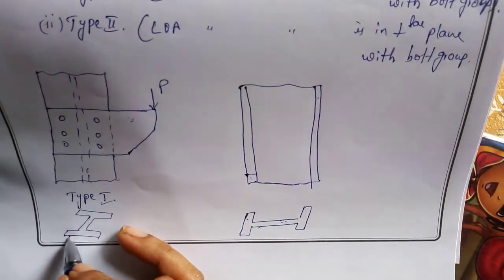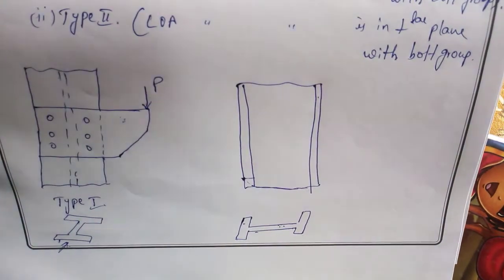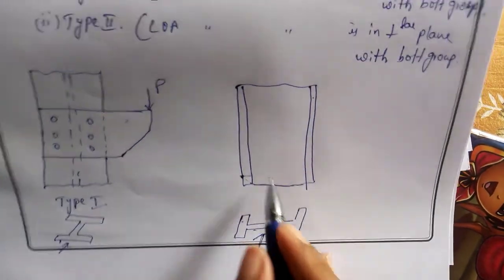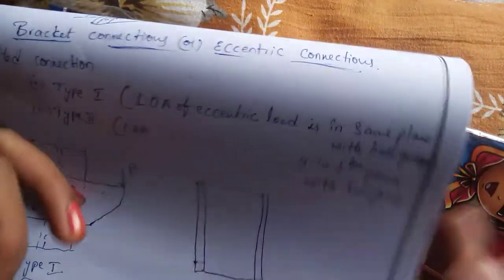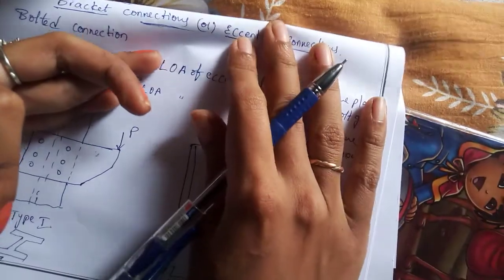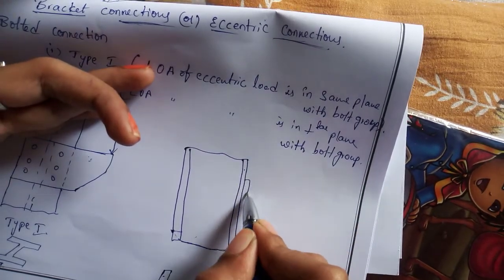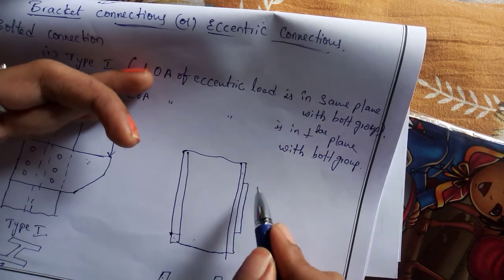This area we have represented here, we are going to see through this line, and through this line we are looking at this picture. This is a side view. So for this I section, now for the connections there will be some extra plate added here.